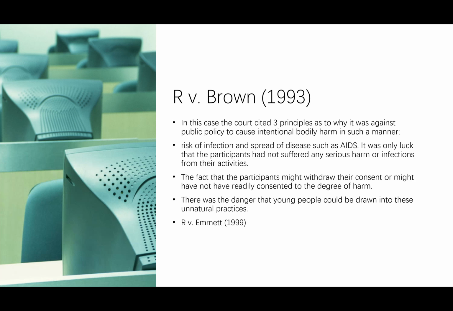Here we have R v Emmett, 1999, which is a case that follows Brown. What happened in R v Emmett? We had high-risk sexual activities between a heterosexual couple that resulted in one occasion of hemorrhage in the eyes of the victim and on another, burns to her breasts.